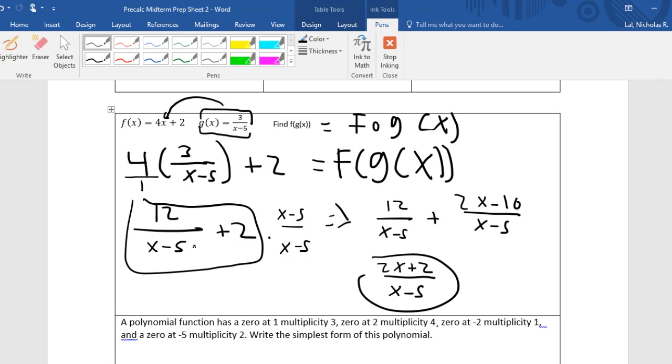Once you get here, this is a simplified version, and this is a solution. 12 minus 10 is positive 2, plus 2x is 2x. That's how you have a common denominator. Both of these are correct answers.